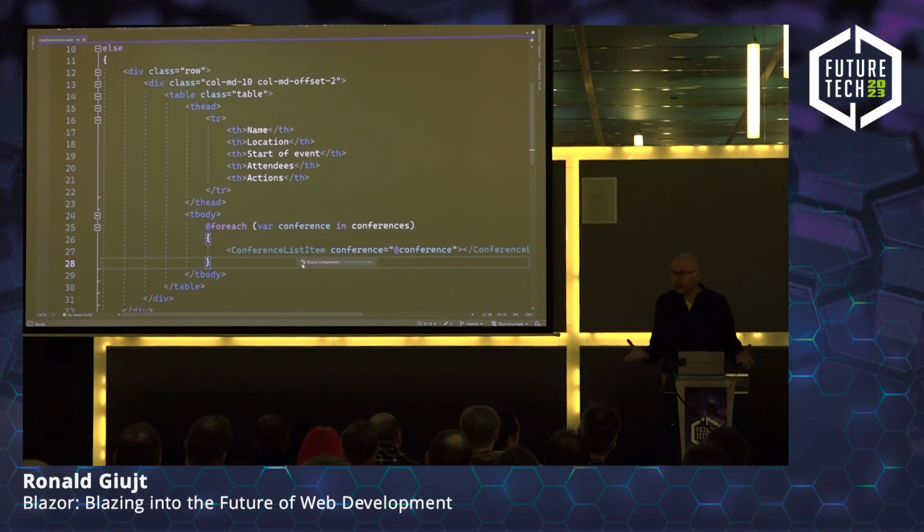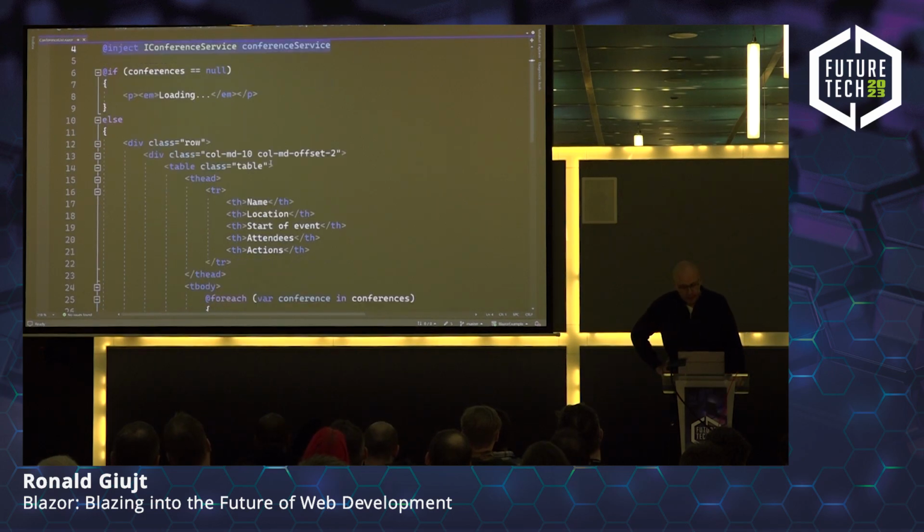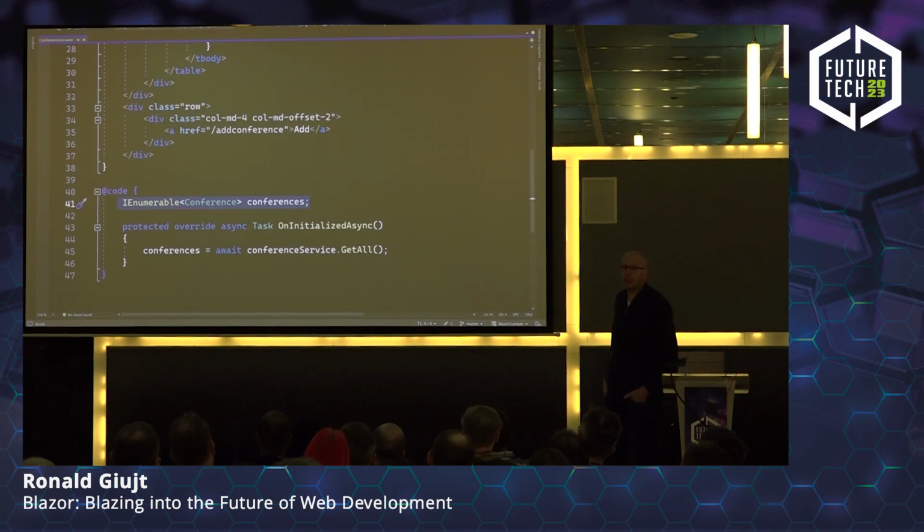So how do I get this conference? Now we can just inject this service class that I showed you earlier with the inject directive, and then introduce a code block. Again, this is just a code block. Define the variable, and then override a lifecycle method called OnInitializedAsync.